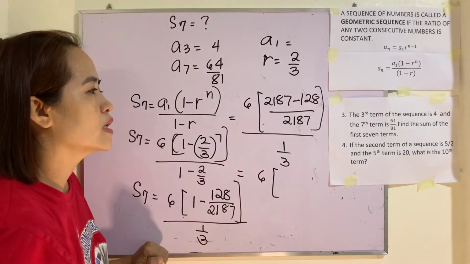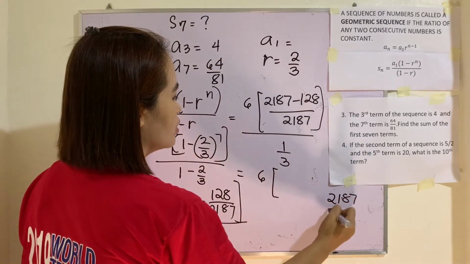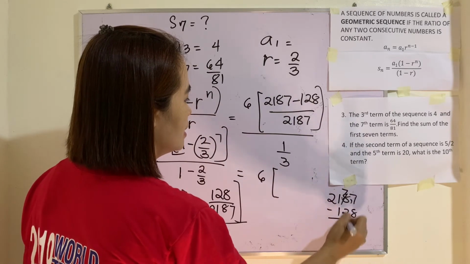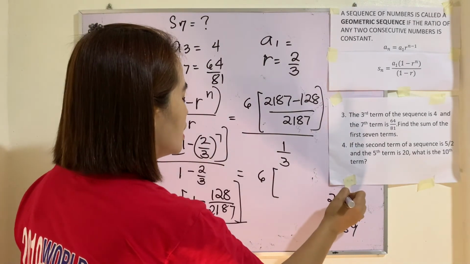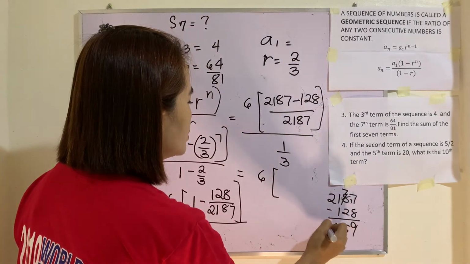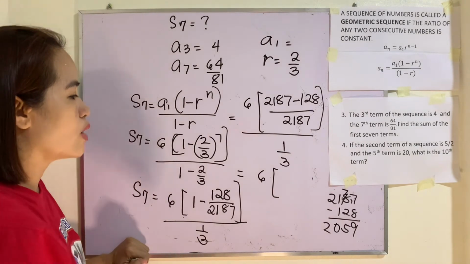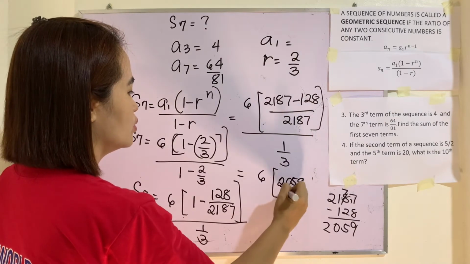What is 2187 minus 128? It is 2059. Right? So that is 2059 over 2187.